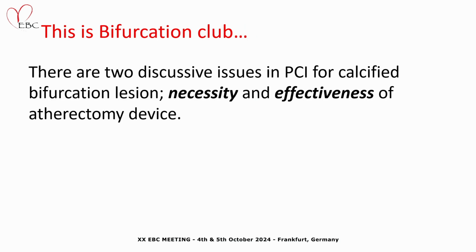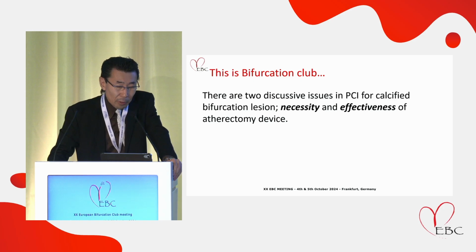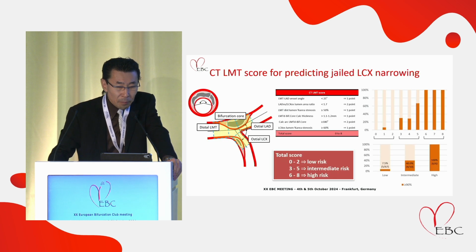Now, this is a bifurcation case, so I would like to focus on bifurcation calcification. There are two discussion issues in PCI for calcified bifurcation lesions: necessity and effectiveness of atherectomy devices.